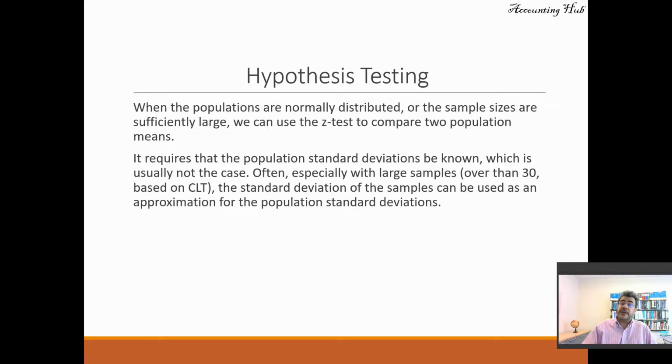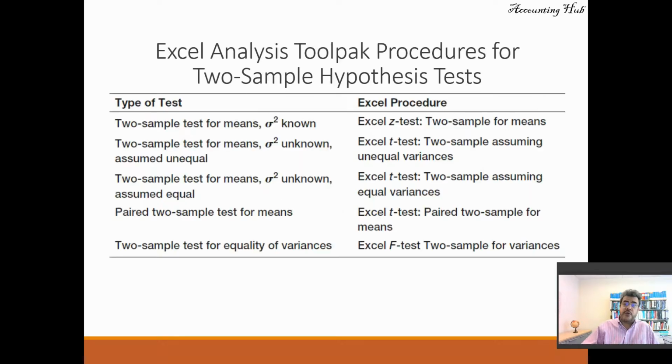However, especially with large samples, again over 30, the standard deviation of the samples can be used as an approximation for the population standard deviations.